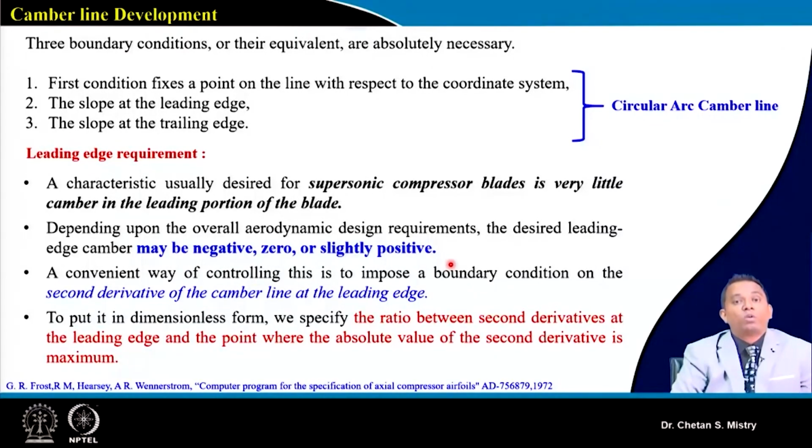In order to have that camber, we need a boundary condition, which is the second derivative of the camber line at the leading edge. To achieve that, the ratio between the second derivative at the leading edge and the point where the absolute value of the second derivative is maximum is considered as a boundary condition. This will be my fourth boundary condition.